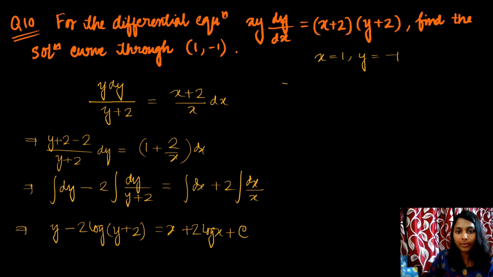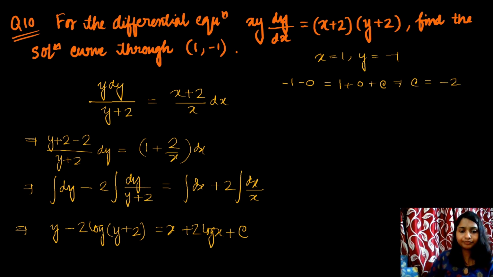So y equals minus 1, there is minus 2 log 1, which will give 0. There is x equals 1 and again 0. So we have c here. So the value of c is minus 2.